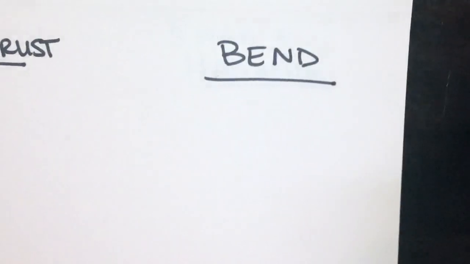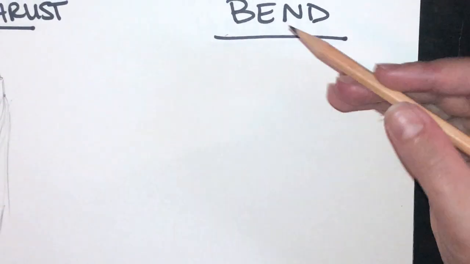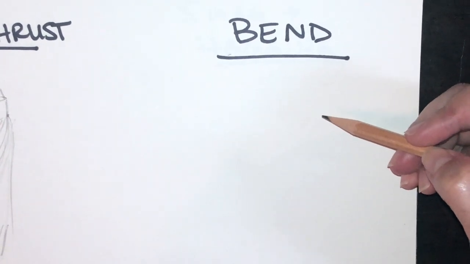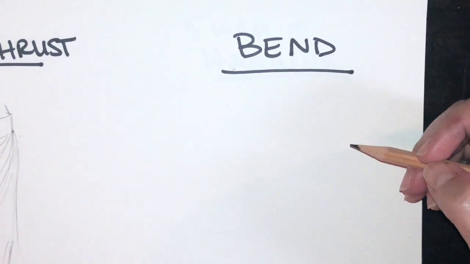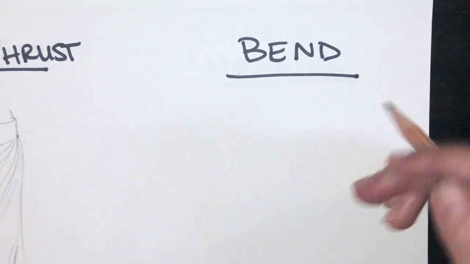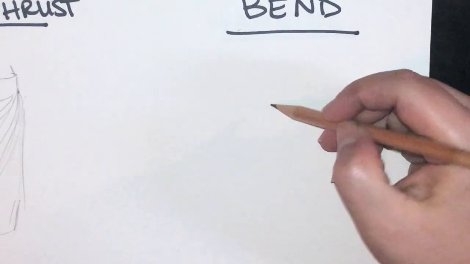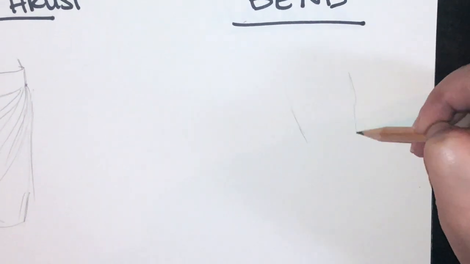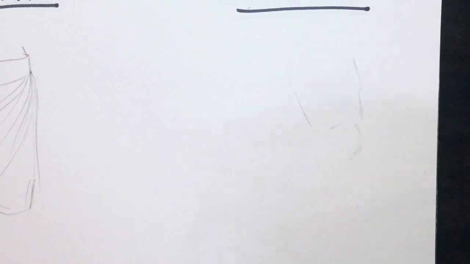A bend wrinkle is a type of direct thrust wrinkle, but as you would expect, has to directly correlate with when your major joints are bending in the body. So you're bending your elbow, you're bending your knee, and bending wrinkles tend to have more of a starburst effect. So for instance, and I know I'm only drawing parts of the body here for you, let's say that I've got a bent knee that's sitting in here like that, right?